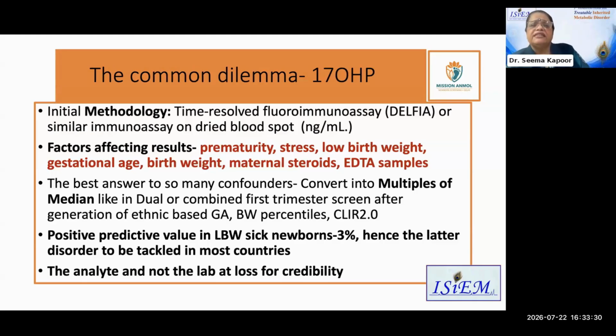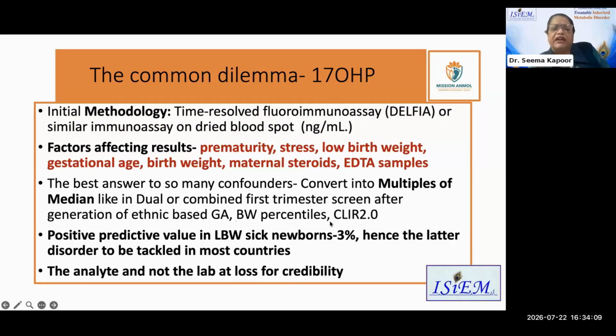Now, what people have done is they have studied how to go away from this problem. And those who know first trimester screening know what they did. They converted it to multiples of median using ethnic-based gestational age and birth weight percentiles. And now you have this data from India. So the positive predictive value of 17-OHP in low birth weight sick newborns is as low as 3%.